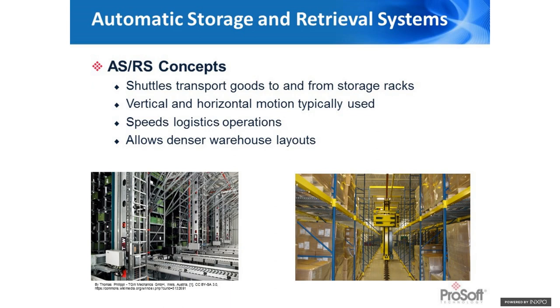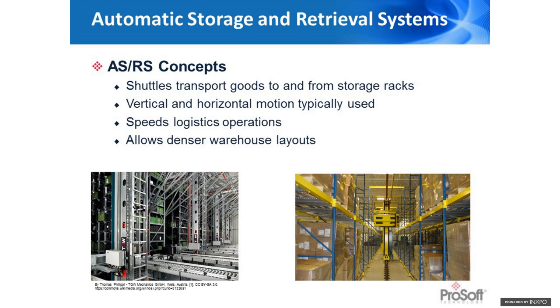The automated storage and retrieval system is kind of automated material handling that's used in warehousing. Automated storage retrieval consists of shuttles that transport goods to and from racks. Typically, there is both horizontal and vertical motion, and sometimes multiple types of motion.